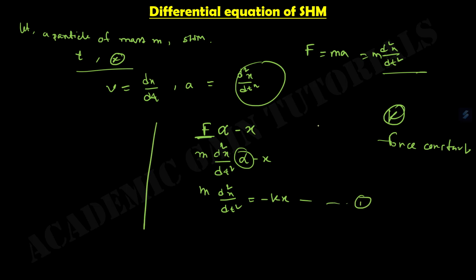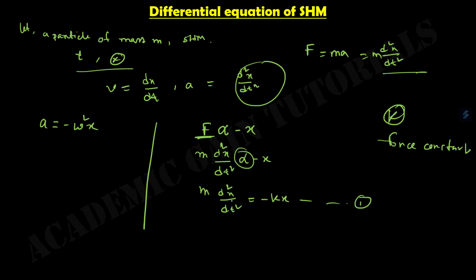Now, as we know from our previous equation, for a simple harmonic motion, our acceleration a is equal to minus omega square x.